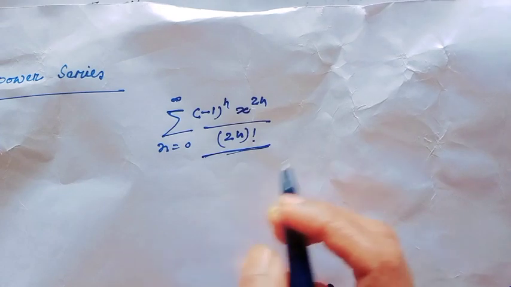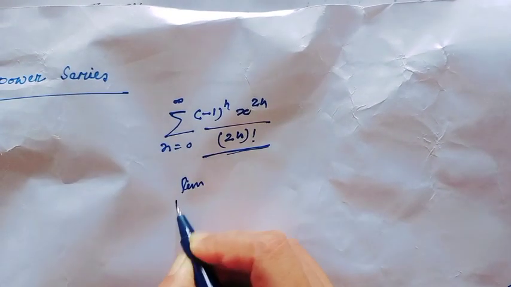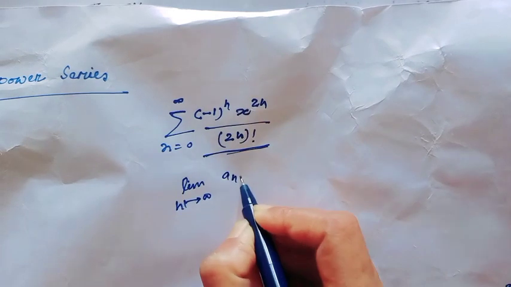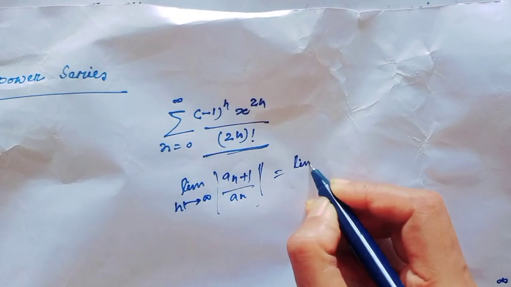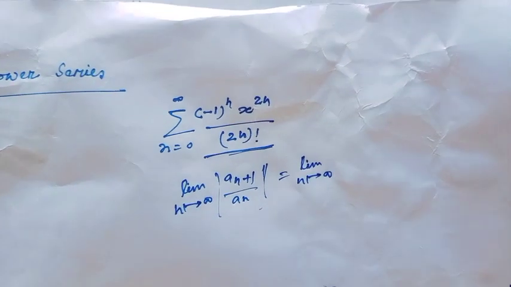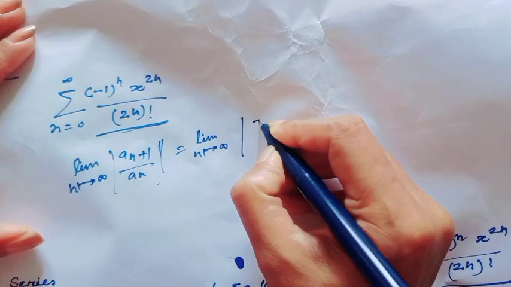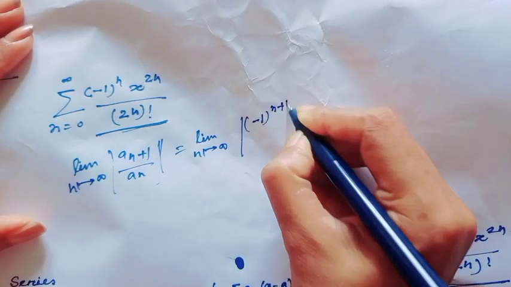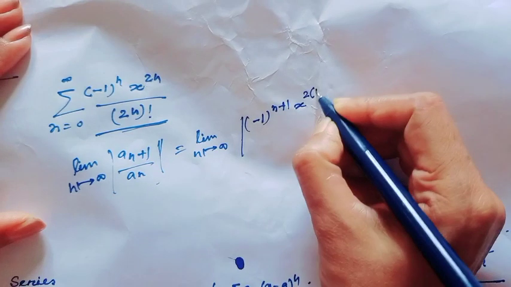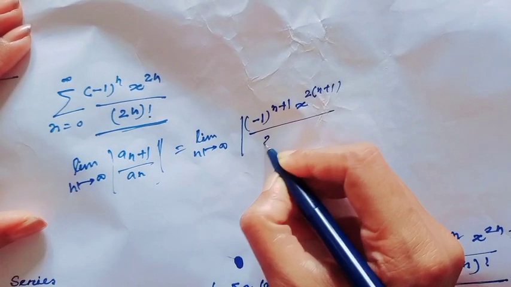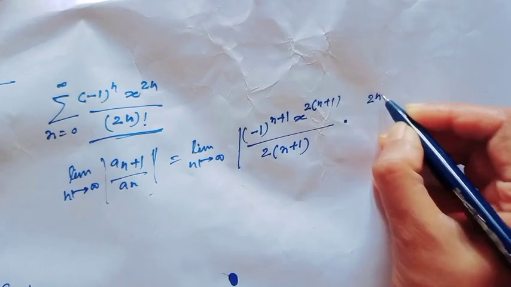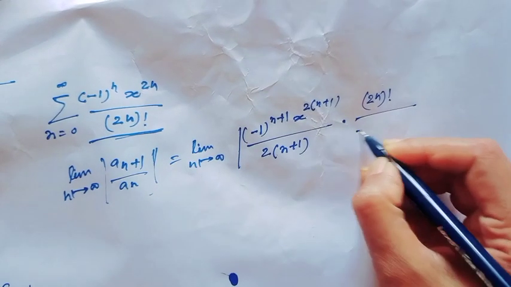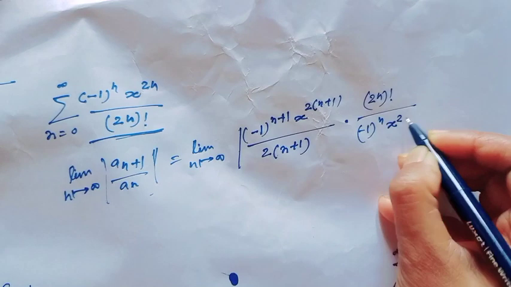Consider this whole part as a_n. Limit as n goes to infinity of the absolute value of a_(n+1) over a_n, and this is equal to the limit as n goes to infinity of (minus 1) to the power n+1, x to the power 2n+1, over (2n+1) factorial, times (2n) factorial over (minus 1) to the power n, x to the power 2n.